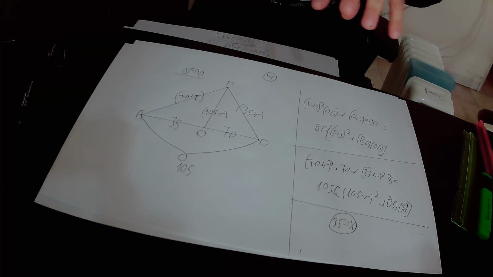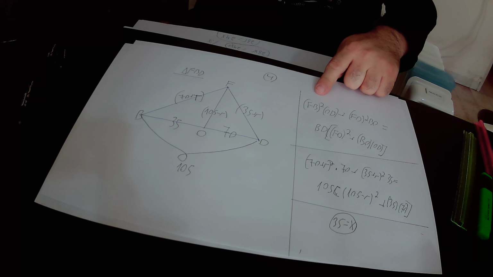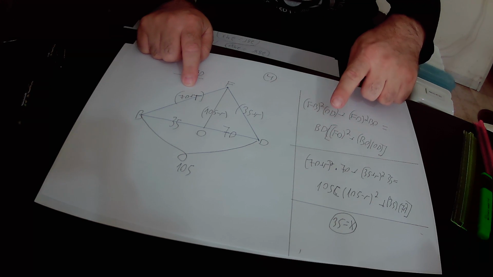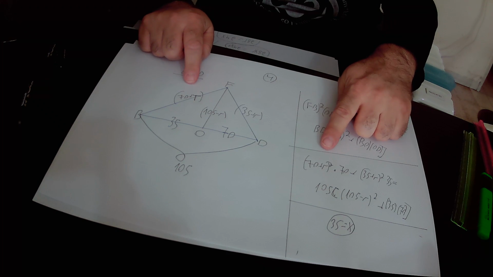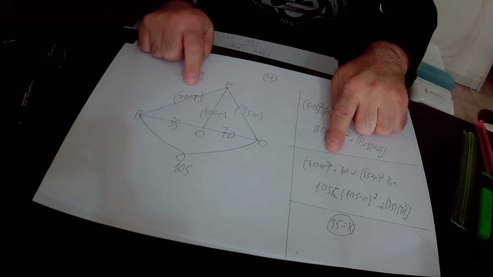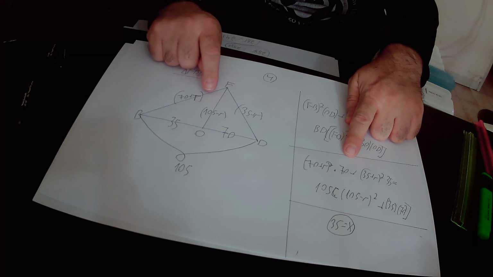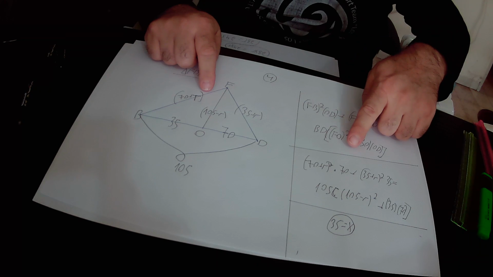So this equation is the implementation of Stewart's theorem in our triangle FBD. FB equals 70 plus r, so FB squared equals (70 plus r) squared, times OD.